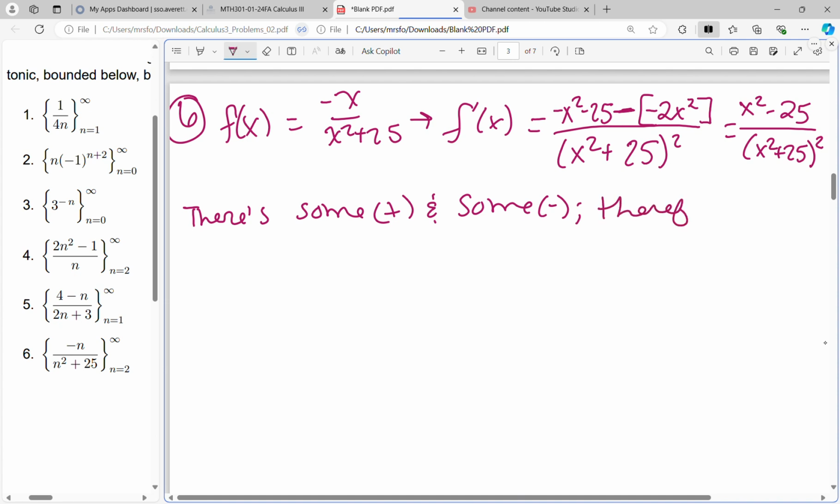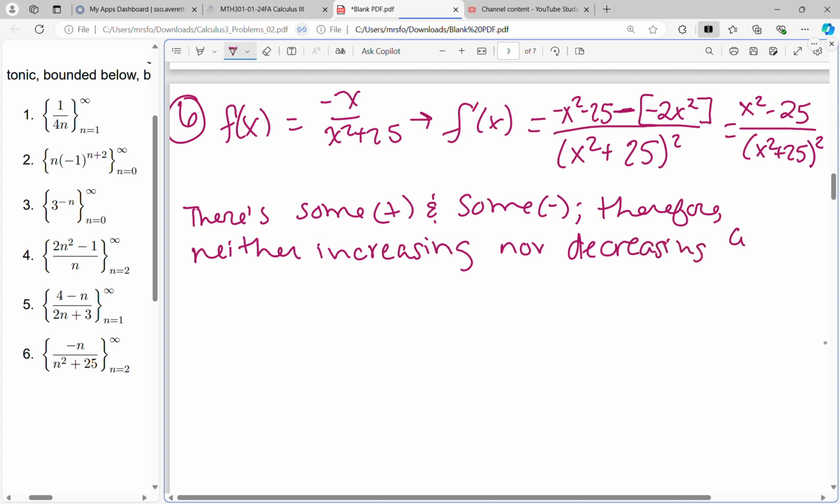Therefore, neither increasing nor decreasing, and not monotonic.